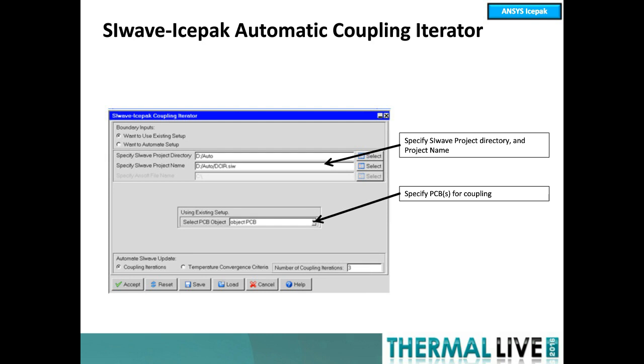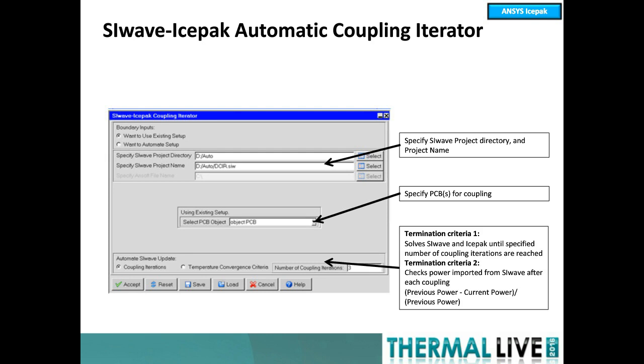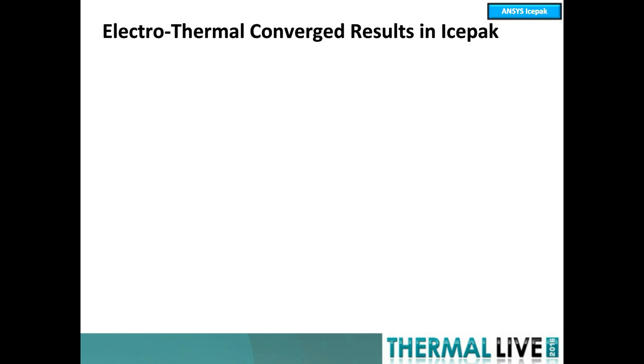Finally, you set up termination criteria, and you click Accept to run. The SI wave IcePack automatic coupling proceeds until thermal convergence.